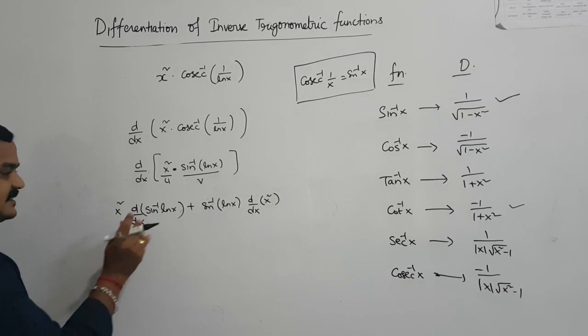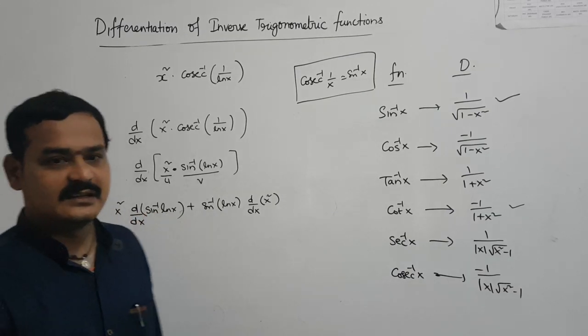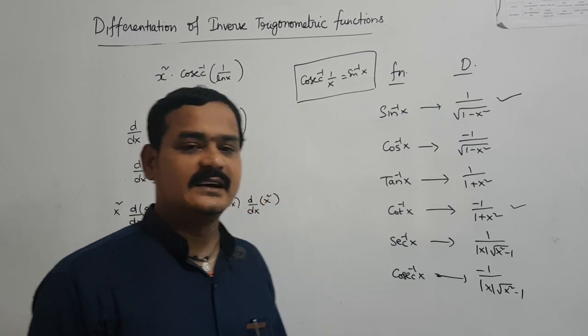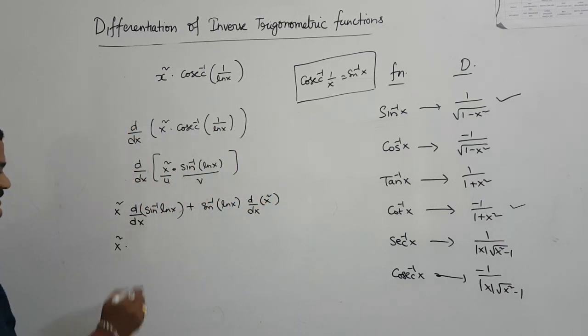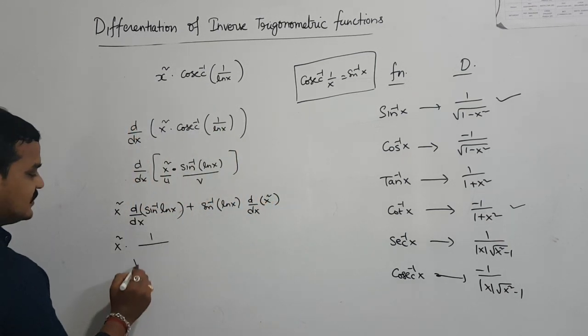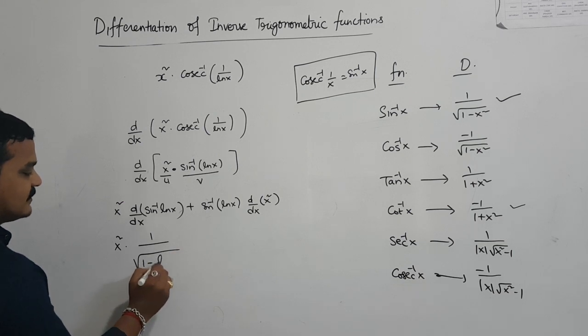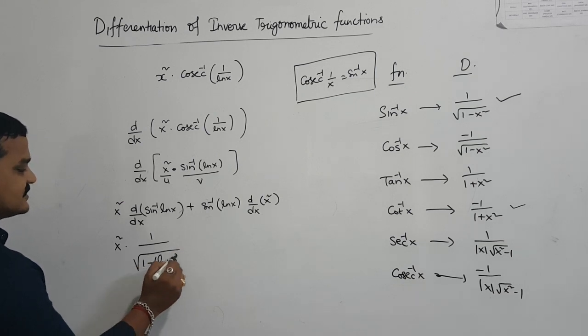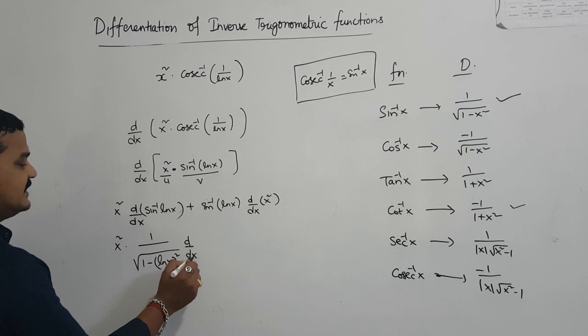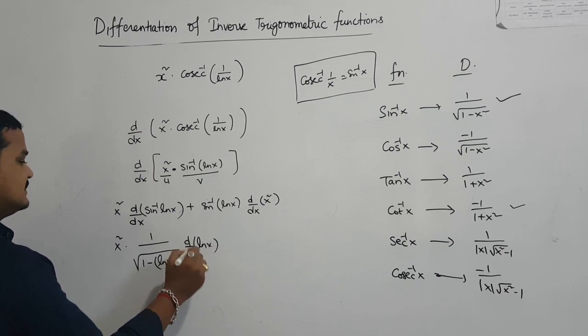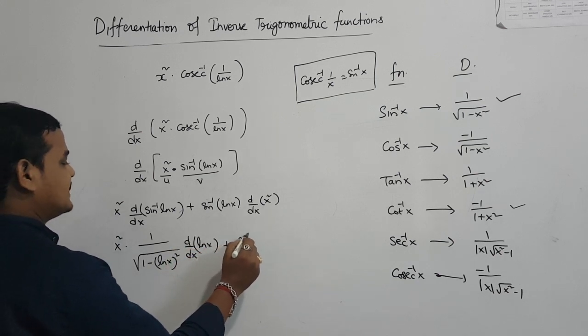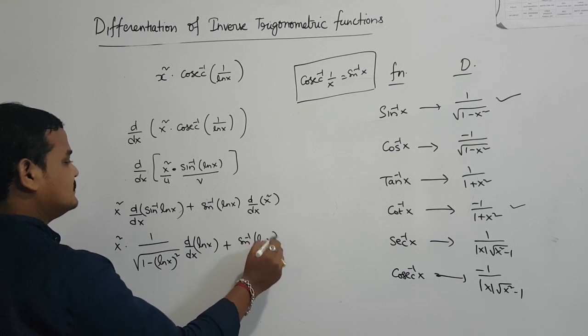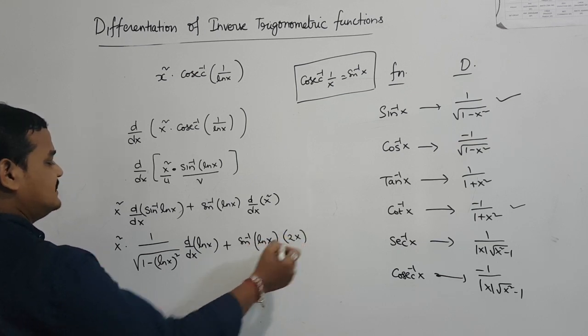So this is a composite function. The first function is sin⁻¹x and second function is ln x. So 1 by root over 1 minus (ln x) whole square into d/dx of ln x, plus sin⁻¹(ln x) into derivative of x square, which is 2x.